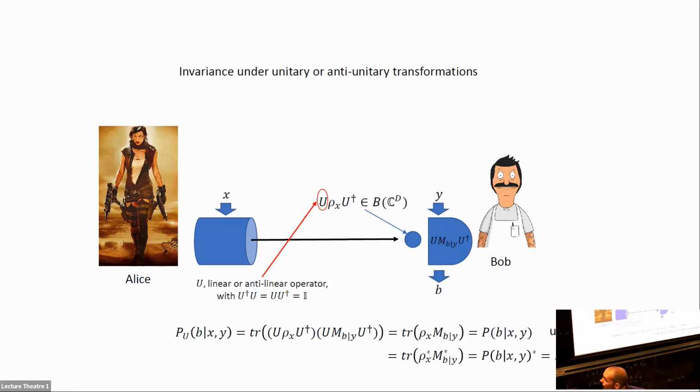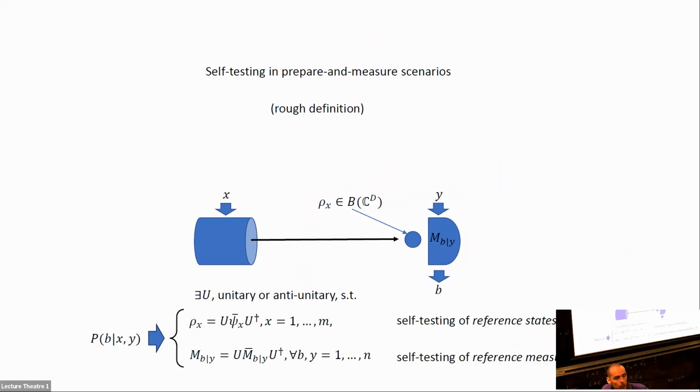Okay, so this is important for what comes next, because we're going to study self-testing. So I'm going to give a rough definition. Soon I will give you the right one, but for the moment, just to have an idea of what we want. Based on these statistics, we want to prove that there exists some unitary or anti-unitary that applied to some reference states gives me the states that we're using in the experiment.